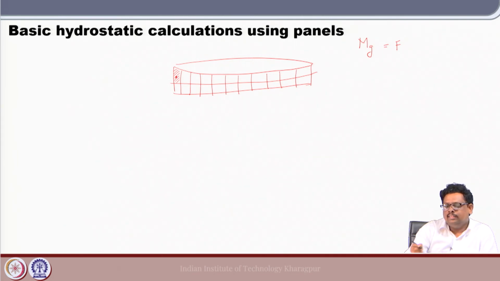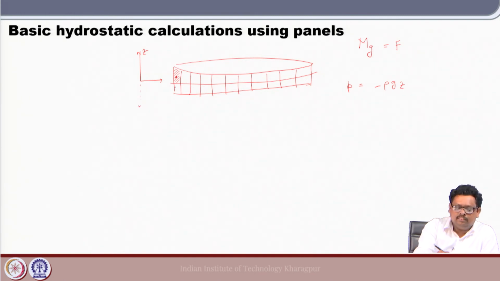Then I calculate the hydrostatic pressure. P is nothing but minus rho into g into Z. Remember that Z is positive upward and negative downward, and at this level Z equals 0. You should remember this, because at the end this minus and Z also minus become plus.